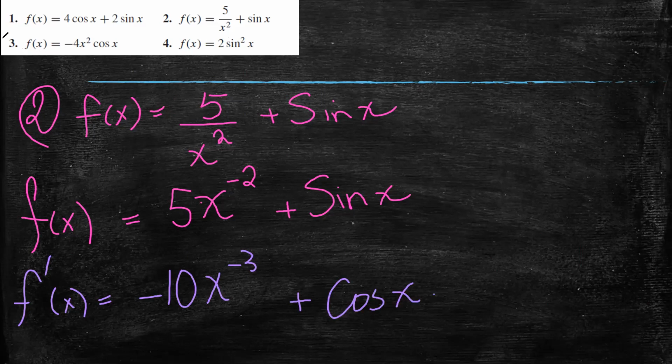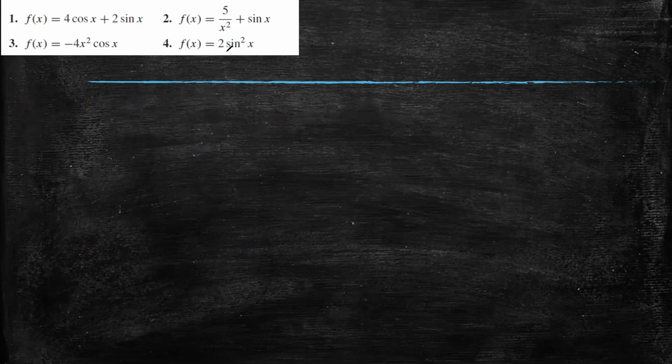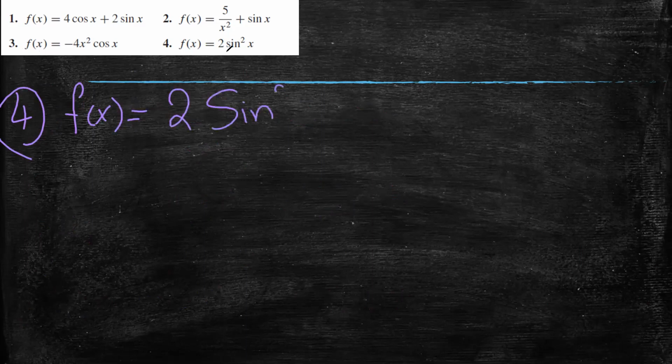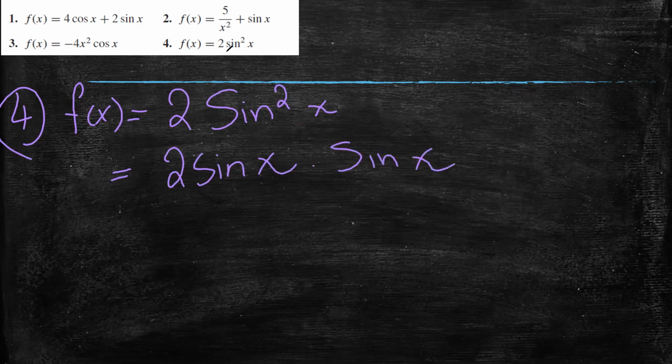Number 3, we solved like that. Let's see number 4. In number 4 here, we have f of x equal to sine squared x. Now, sine squared, I want you to write it as 2 sine x times sine x. This one is a product of sine times sine. Is it right?